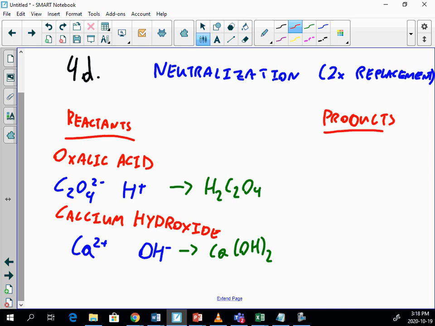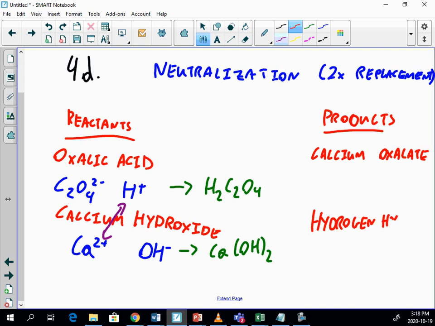So the positive ions are going to switch places and go to their opposite partners. That means I'm going to get calcium oxalate when the calcium and the hydrogen switch places here. And then I'm also going to get hydrogen hydroxide, in other words, water.